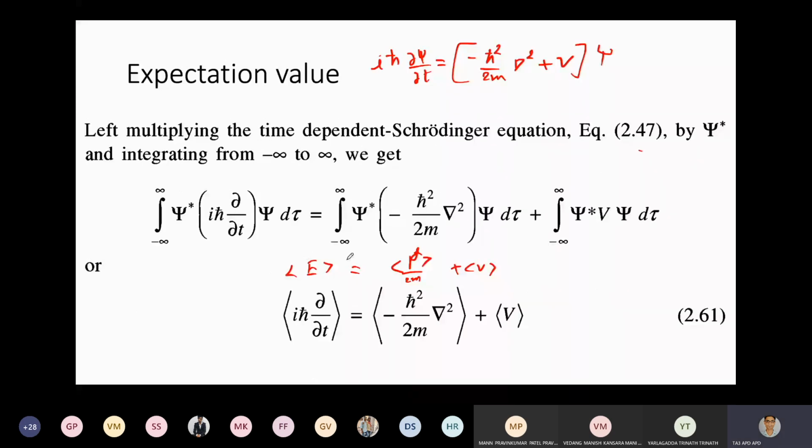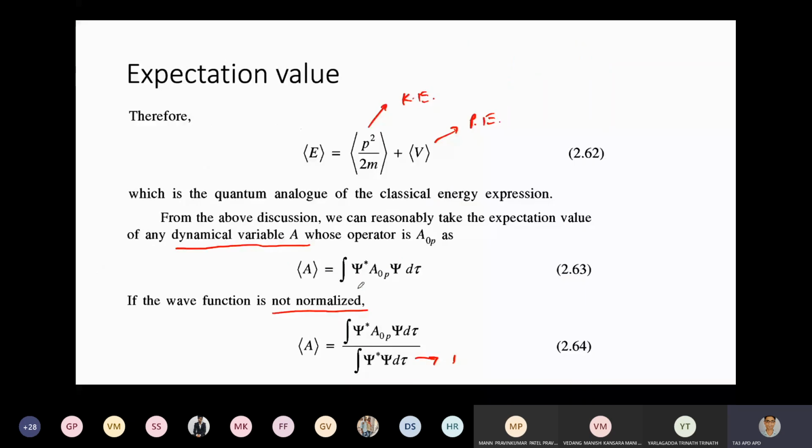And then we also saw that how this concept of expectation value can be used to correlate the quantum mechanics and classical mechanics. So we came up to this conclusion, the quantum analog of the classical energy expression. And then we ended up with this expression where we said that for any dynamical variable, we can actually obtain its expectation value by simply putting it between psi star and psi. And if the function is not normalized, we divide it by the normalized condition.